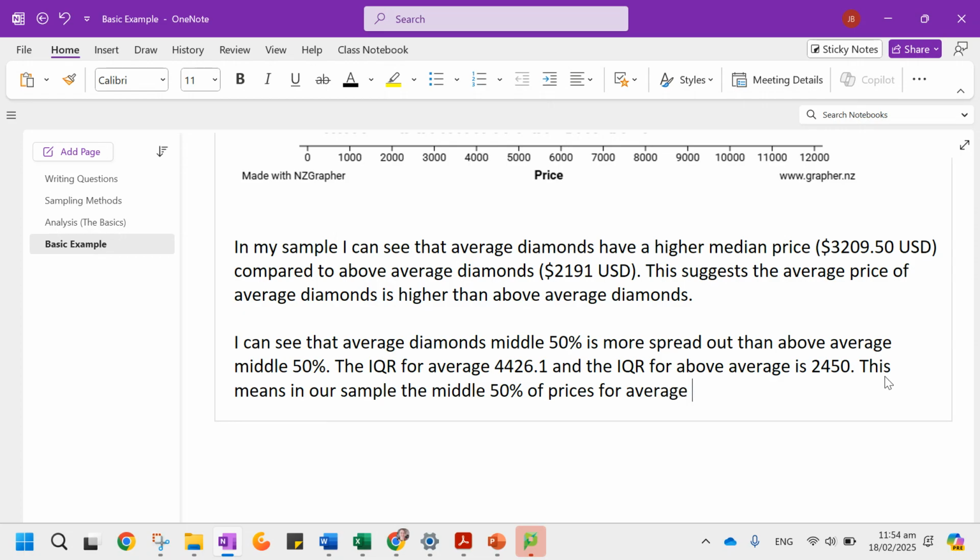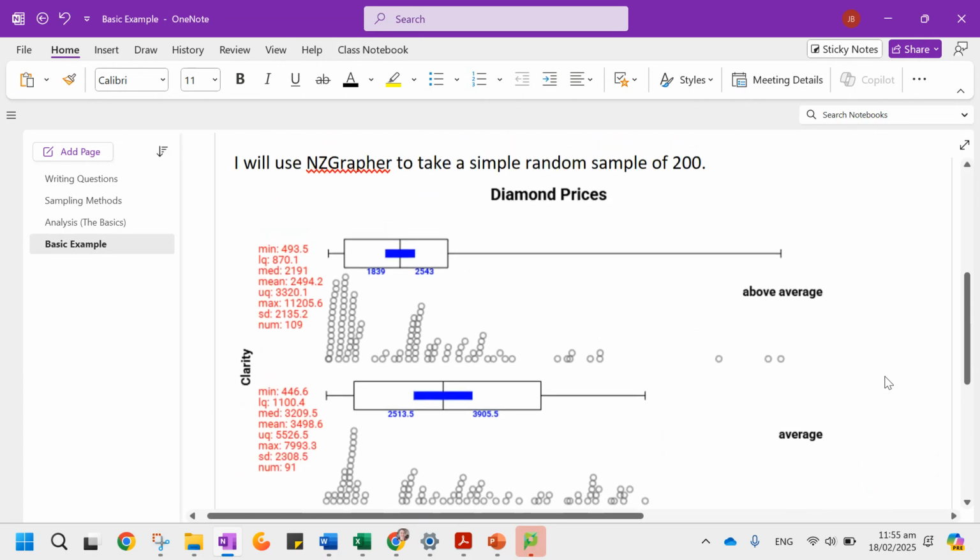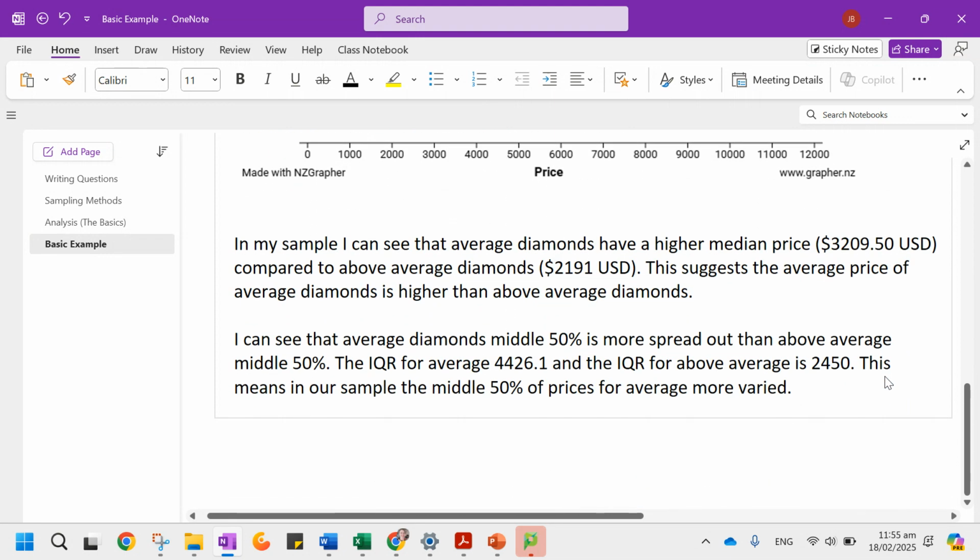What does that spread show us? Okay, the less spread out, the more consistent. So the one that's got the bigger spread, it is more varied. So the prices are more varied. This means in our sample, the price is more varied. Okay, and we can just leave it like that. Those two, that's it. Achieved level analysis, done. Didn't take us long, did it?